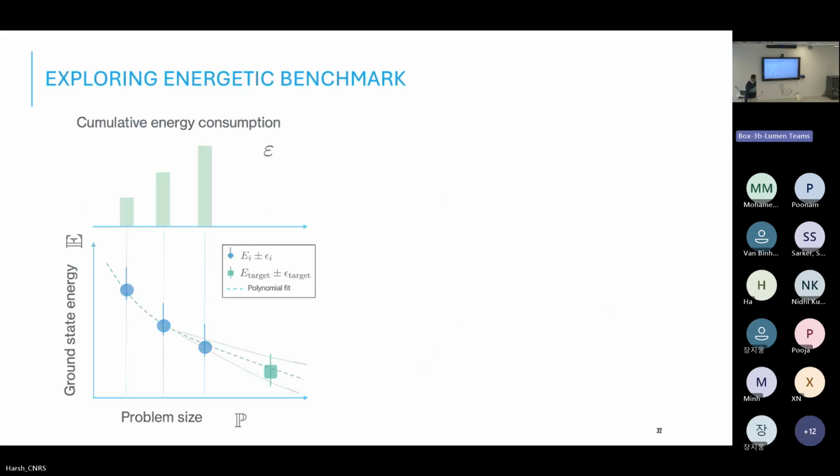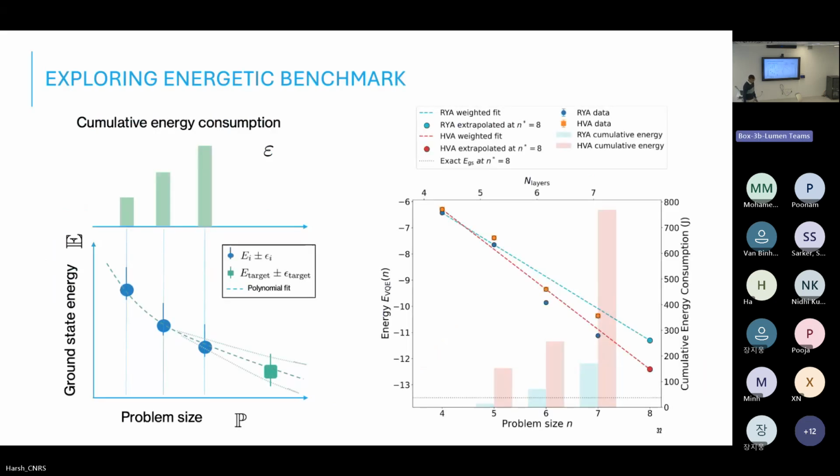One of the explorations and prototyping that we are doing is in terms of how much energy I need to solve the VQE problem for a projected problem size. I'm not going into the details. What we want to do is marry the concepts of performance benchmarking with energetic benchmarking and find exactly how much value you have to spend in order to go to a certain accuracy, say, for a larger problem size.